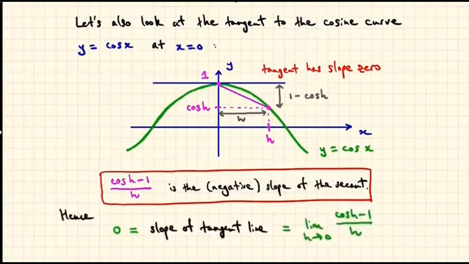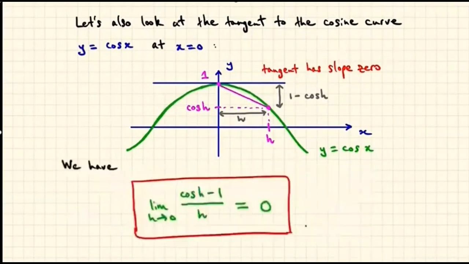We have that the limit as h goes to 0 of cos h minus 1 over h is 0.